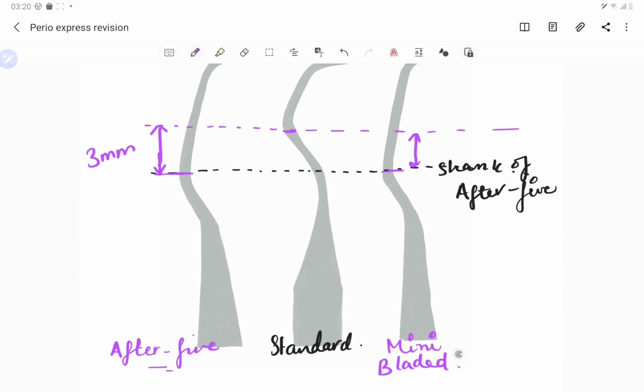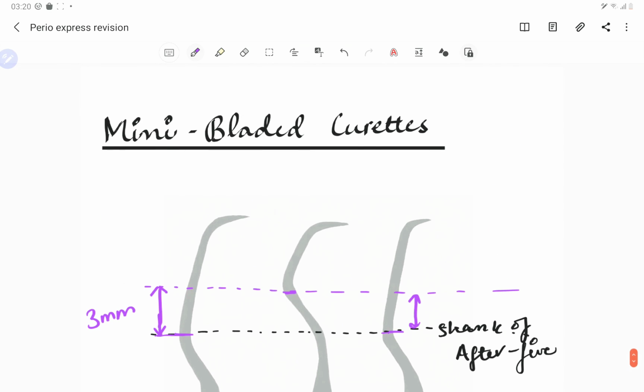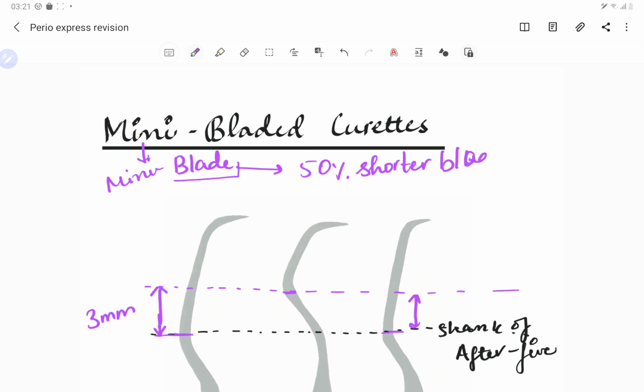Now what is the difference between after 5 and the mini bladed? The mini bladed, as the name suggests, has got a mini blade. So that means the blade of this mini blade is smaller. It has got a 50% shorter blade. As you can make out from this diagram, the length of the blade is half that of after 5.